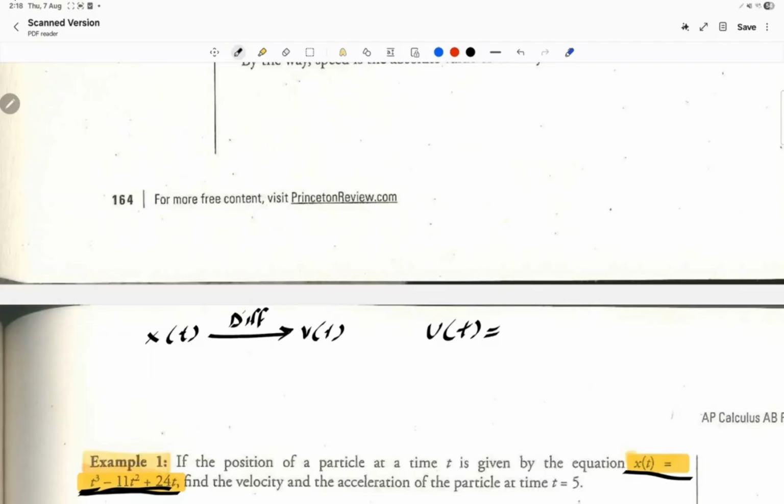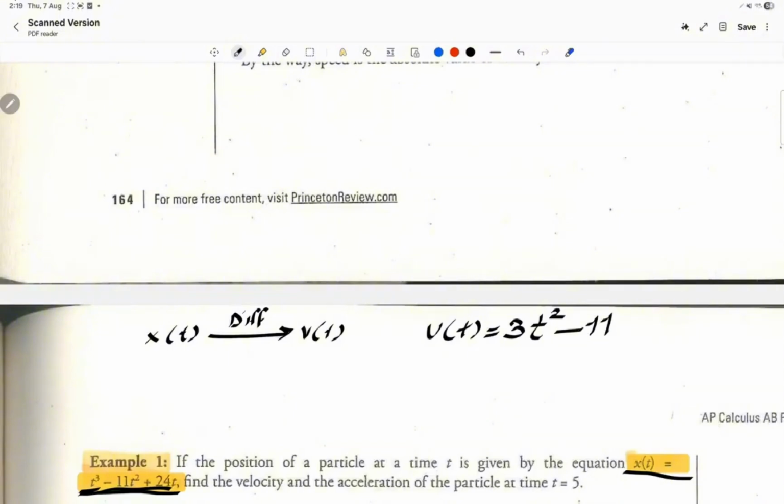What happens to the 3? Goes down. Then what happens to the power? Minus 11 stays the same.